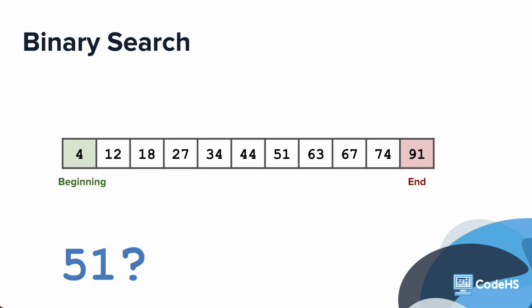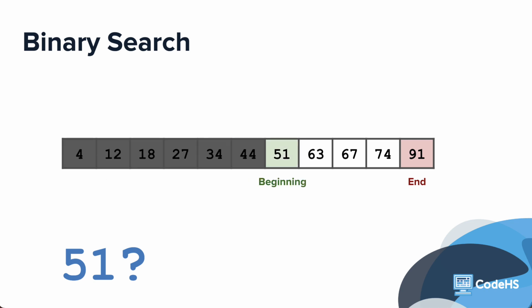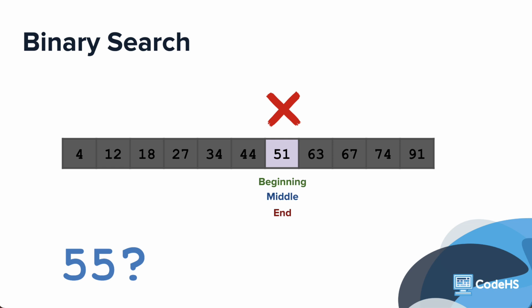Basically, our algorithm needs to do the following. Set the beginning and end points of the current search range. Calculate the middle element. Then, depending on how that element compares to the target value, adjust the beginning or end of the new search range before calculating the next middle value. This process repeats until the target value is found, or the beginning and end elements are the same index and the last value does not match the target value, in this case, 55.